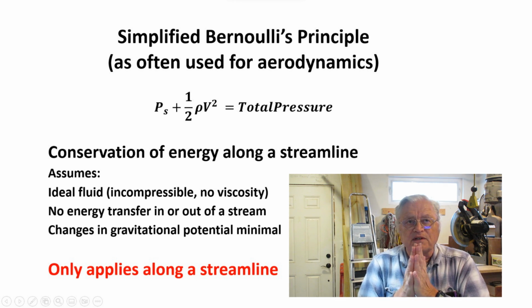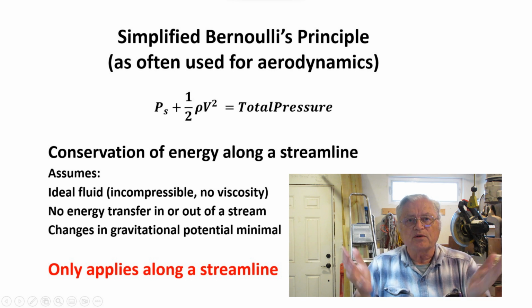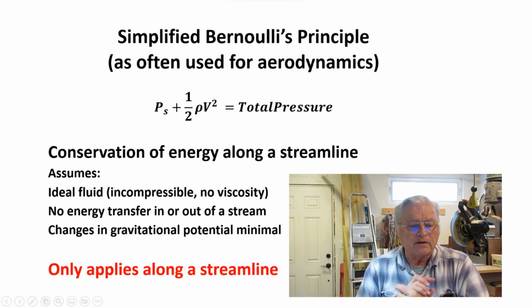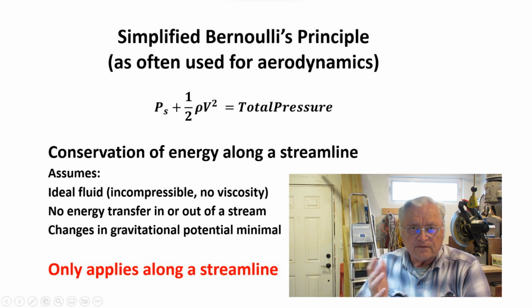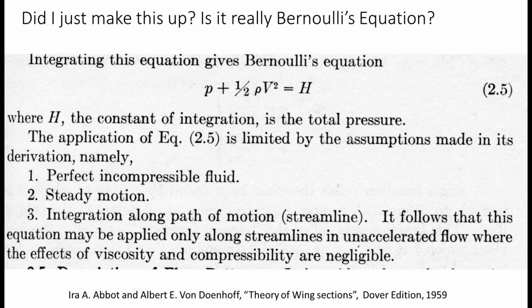But then the next question is, is this really Bernoulli's equation that I'm giving to you here? So let's pop up some actual references. This first one is from Abbott and von Doenhoff, Theory of Wing Sections, 1959.